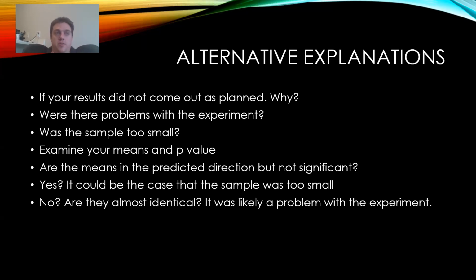It's probably an issue of something with the actual experiment. So keep that in mind. When it comes to your experiments, don't just throw in sample size as an issue without really thinking about it.